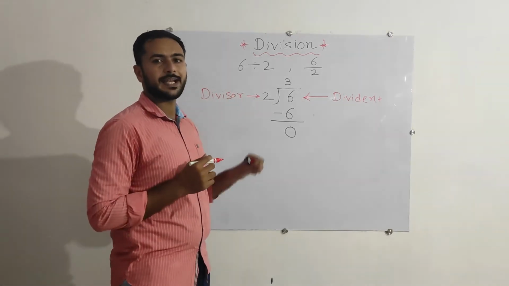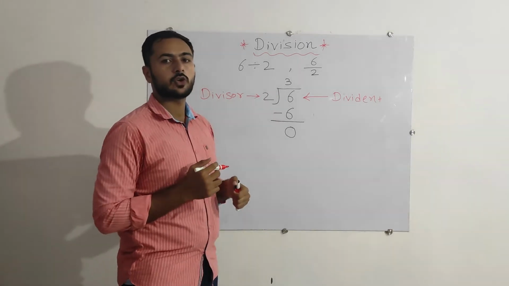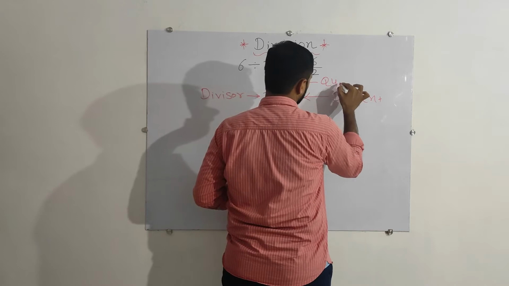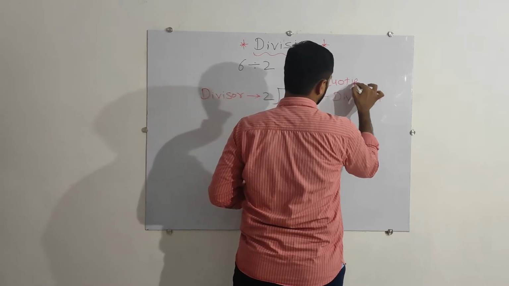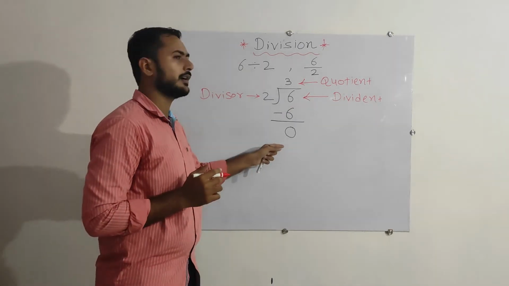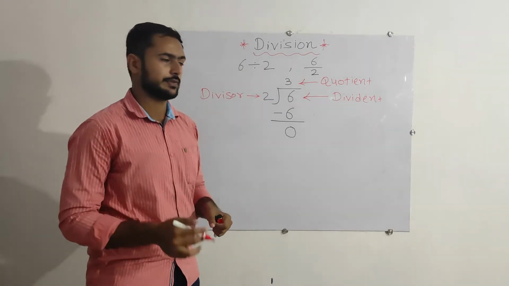Whatever answer we get in the division is known as quotient. And last, whatever number remains here is known as remainder.